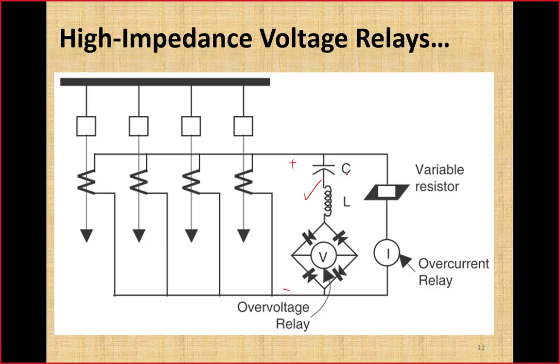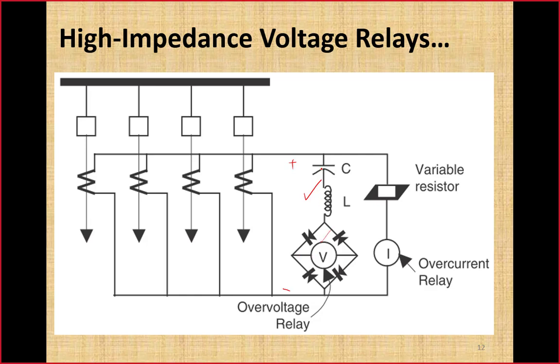So initially we have an LC tuned filter circuit, which is tuned at the fundamental component to allow only the fundamental component to pass towards this voltage relay. Here we used a rectifier to convert this voltage into DC, or even an AC overvoltage relay could be used without any rectifier.